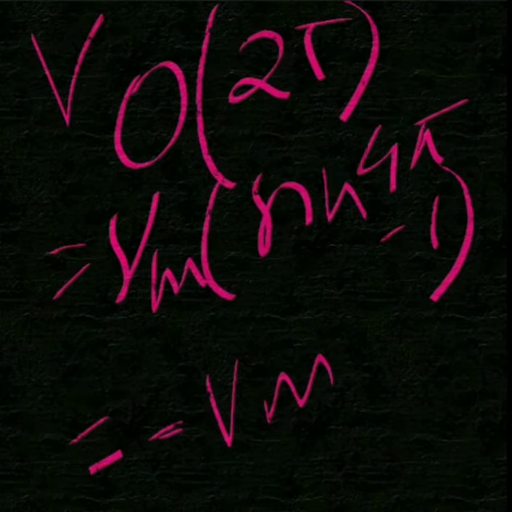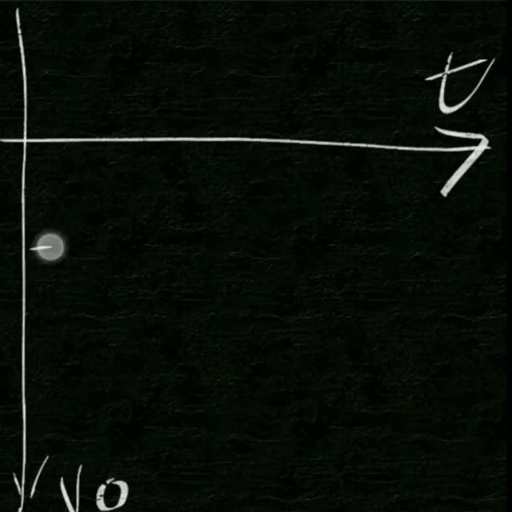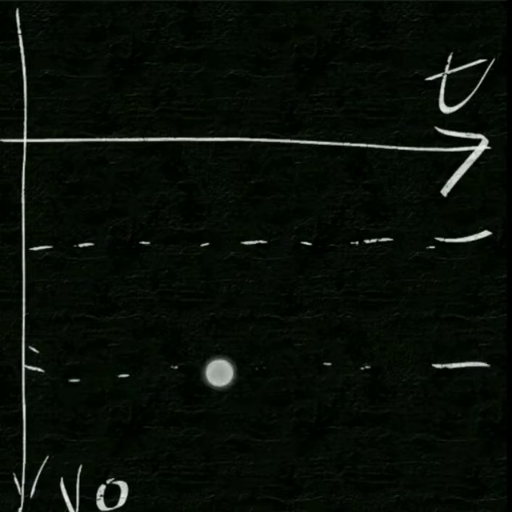Now these values will be helpful for drawing the graph, so let us draw the graph now. This side we are taking T, and this side Vo. Suppose this is our minus Vm and this is minus 2 Vm.